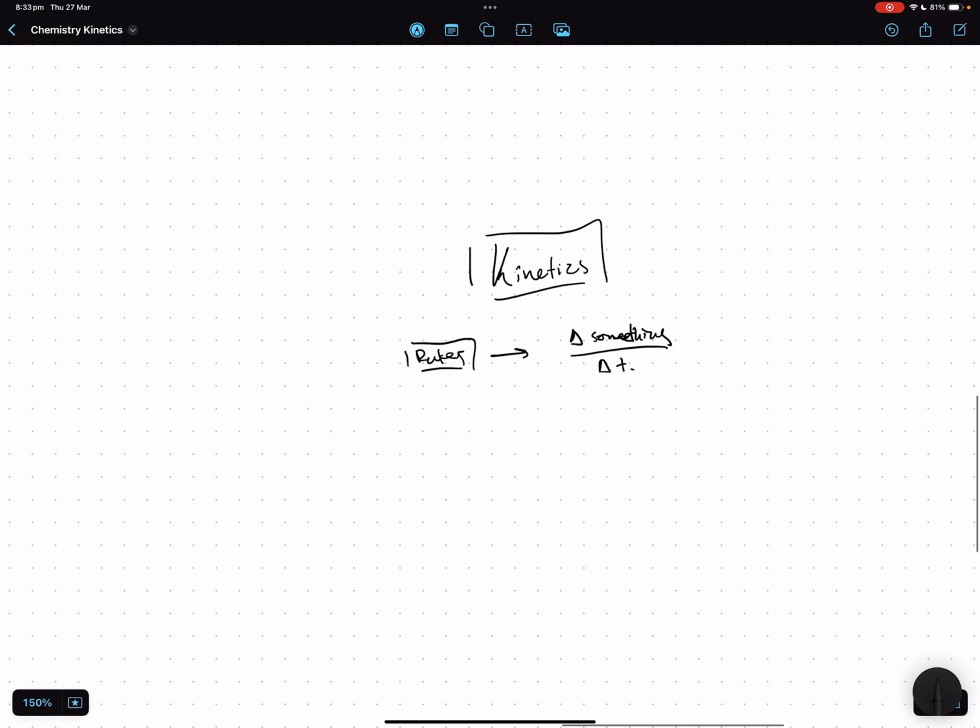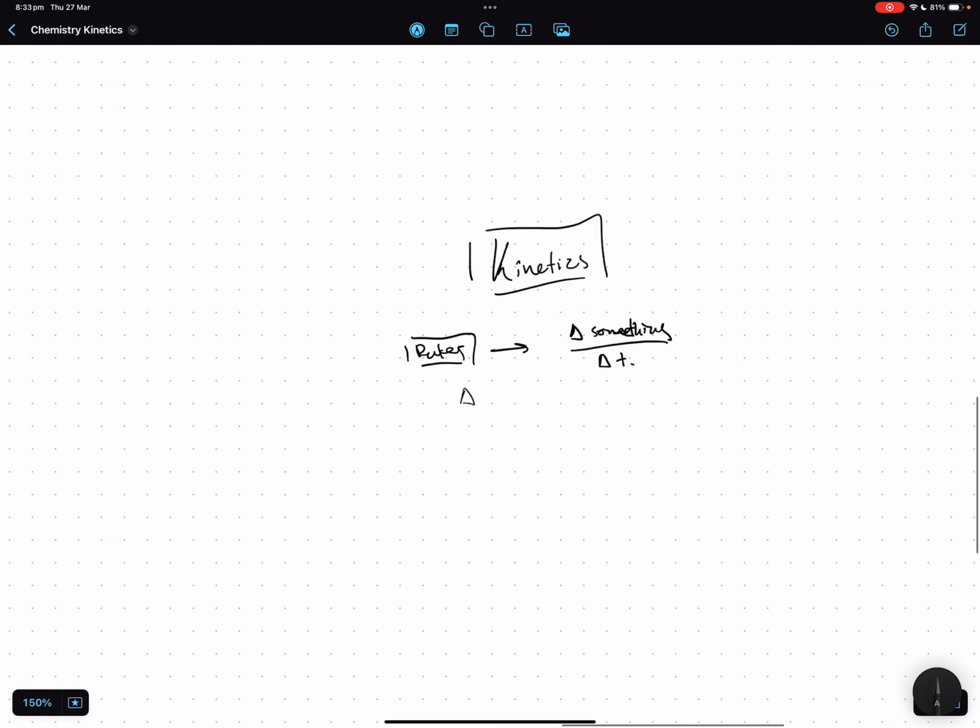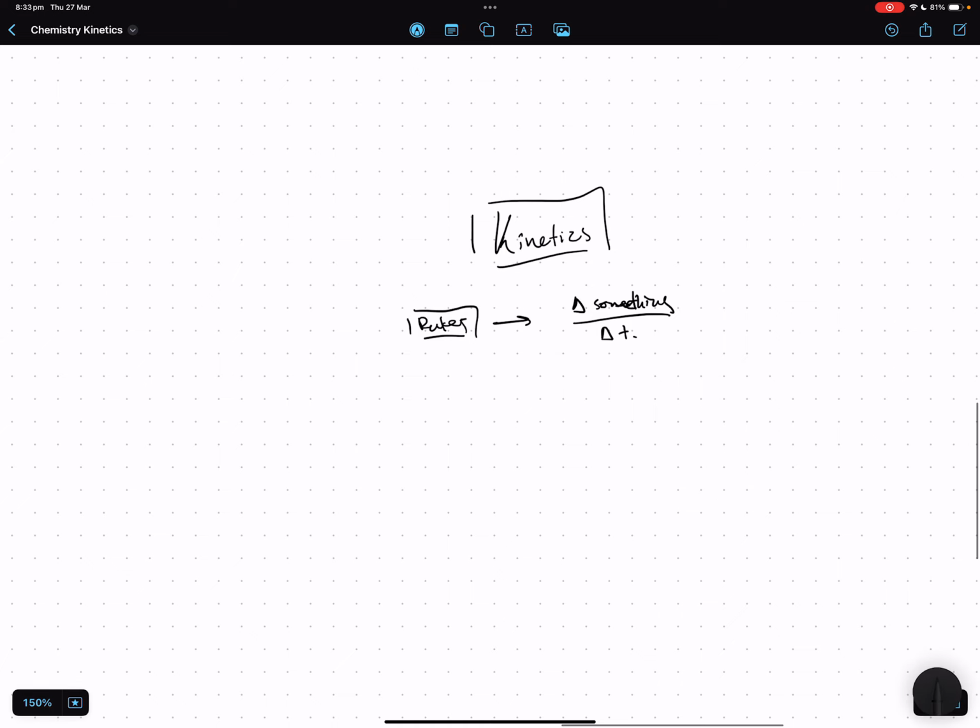Typically, chemically, we use a change in moles, a change in moles over a change in time. That's say like a rate of equation.